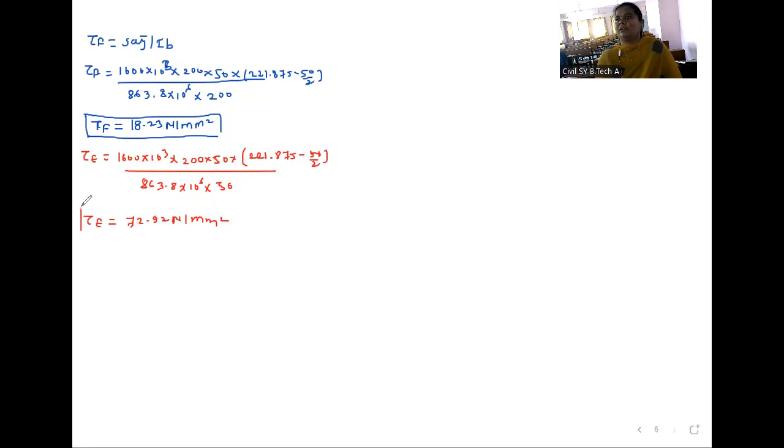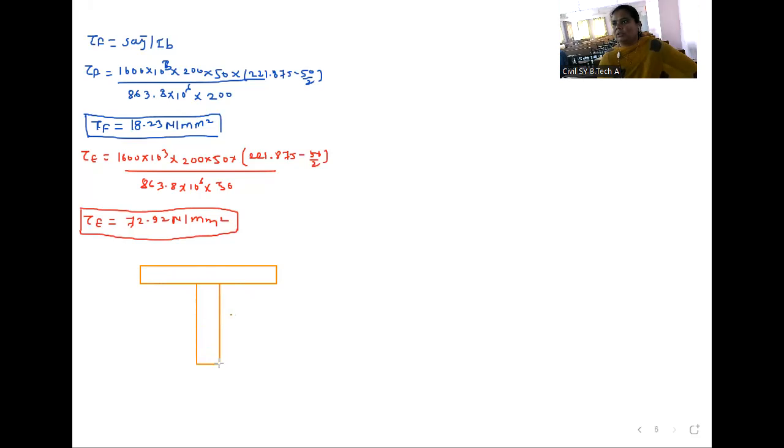And then finally we will draw the shear stress distribution diagram. At G we have already calculated, at G stress is 0. First I will draw the original section here, then we will draw the shear stress distribution diagram. So here an unsymmetric section is given.